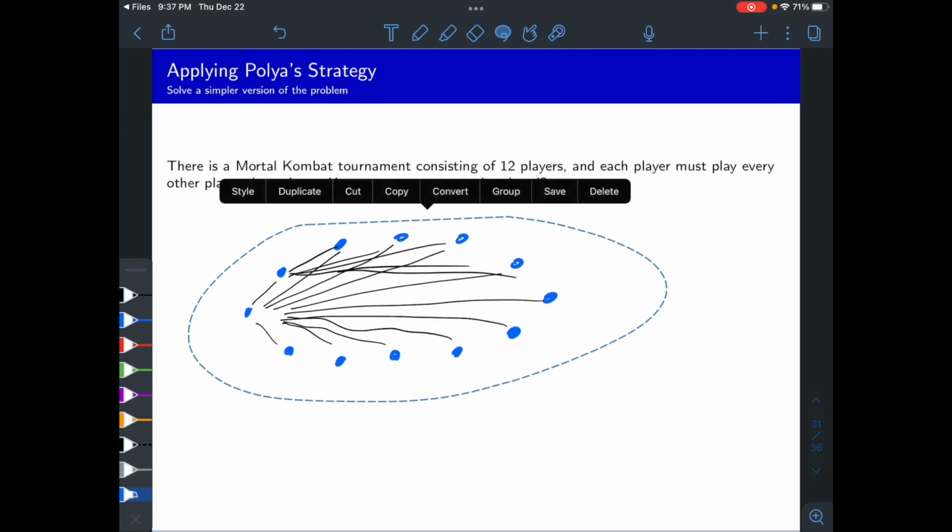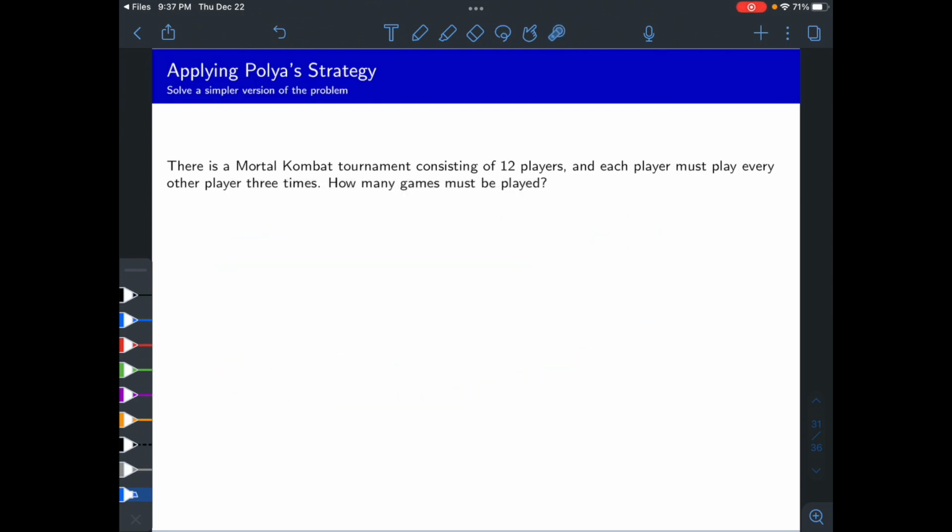So what we could do instead is solve a simpler version of the problem and maybe hope to extend that. Let's say that instead of 12 players, we had, well, you don't want to make it too easy because then it's hard to generalize. So let's do 2 players. If there are 2 players, how many games must be played? They both play each other 3 times, so there's a total of 3 games.